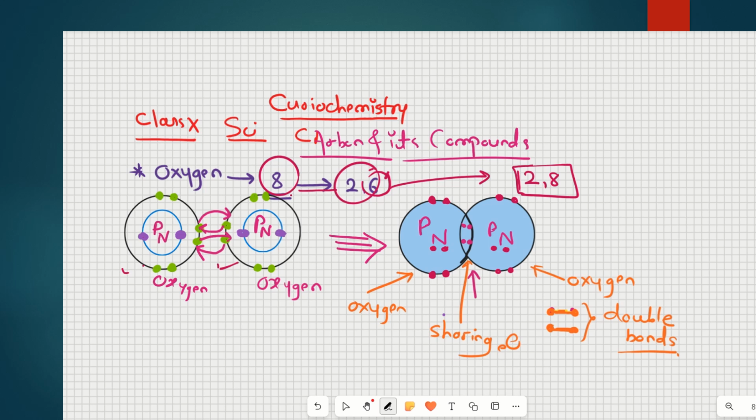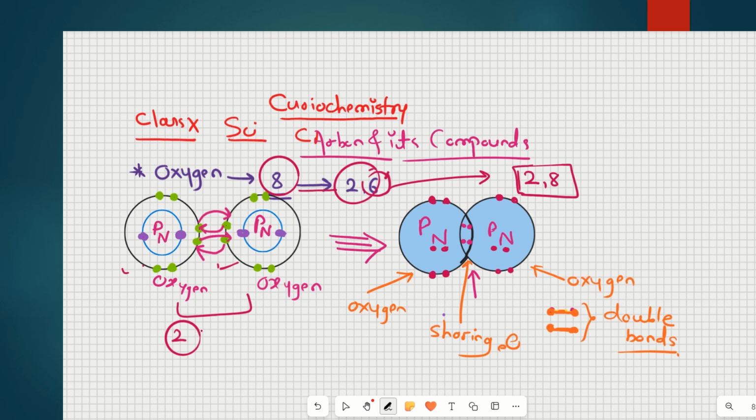But we know it should complete the octet rule and have 8 electrons in its last orbit, and the number of electrons in the last orbit shows the element's valency. From this structure, oxygen needs 2 electrons to complete the octet.